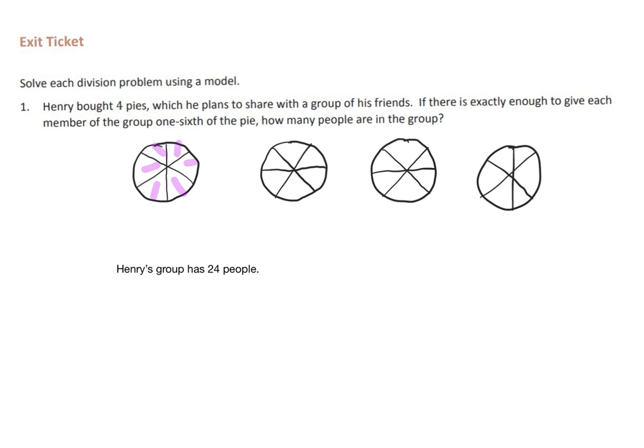And if we do the math, which in this case would be 6 times 4, we would get 24. So with all 4 pies, we have 24 slices, and there are 24 people in Henry's group, counting Henry.